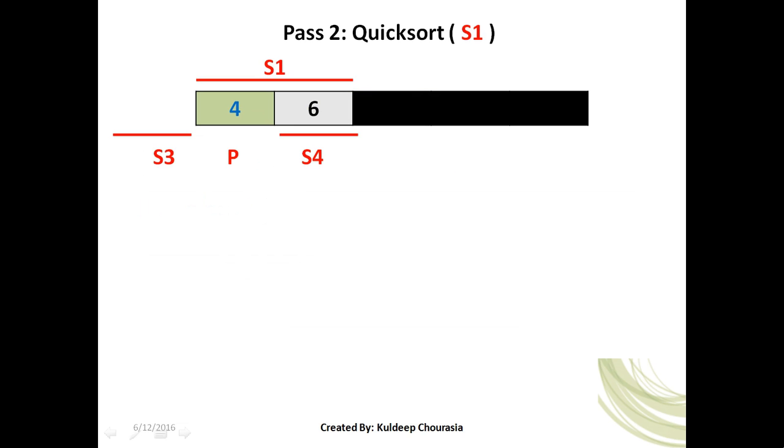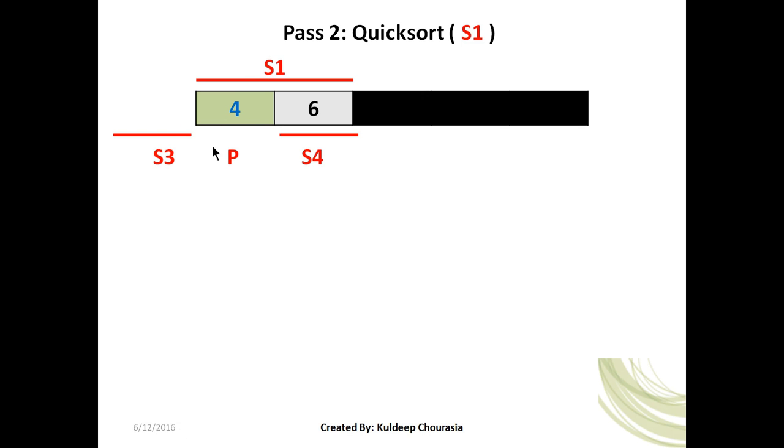This is where we stand now. We have fixed the position of pivot. Elements which are less than pivot are to the left, and elements which are greater than pivot are to the right. At this point, we see that the elements 4 and 6 are in sorted order. But computers do not work like this.